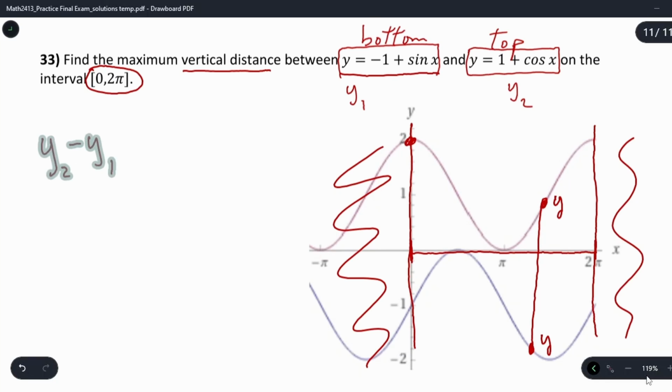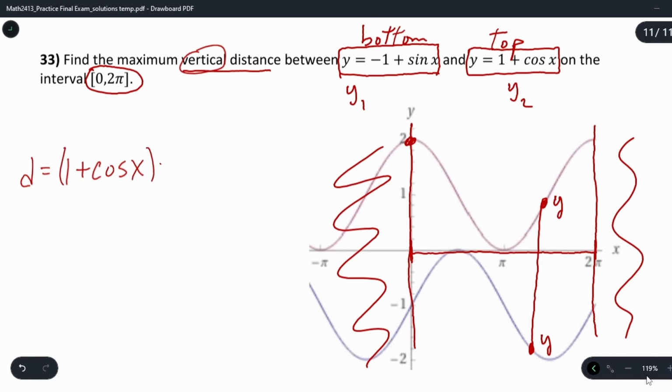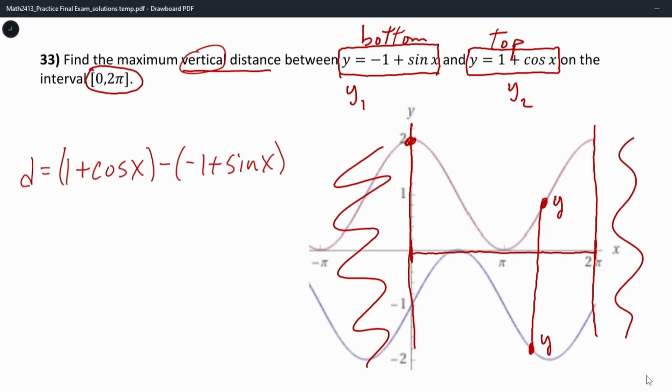Okay, so we can rewrite this expression then, and we can say that the distance between the two graphs, the vertical distance, is y2, which is 1 plus cosine of x, minus y1, which is negative 1 plus sine of x. So this is our equation that represents the distance between the graphs, the vertical distance, for any value of x.